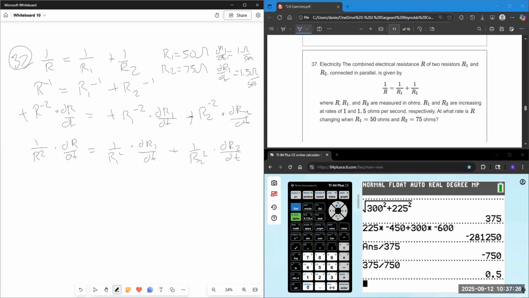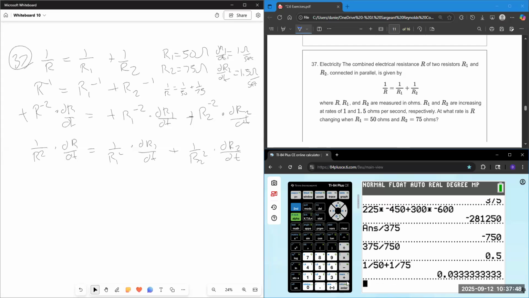So 1 over R equals 1 over 50 plus 1 over 75. 1 over 50 plus 1 over 75 is the reciprocal of something.